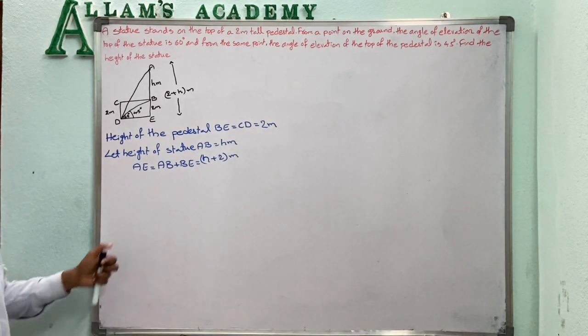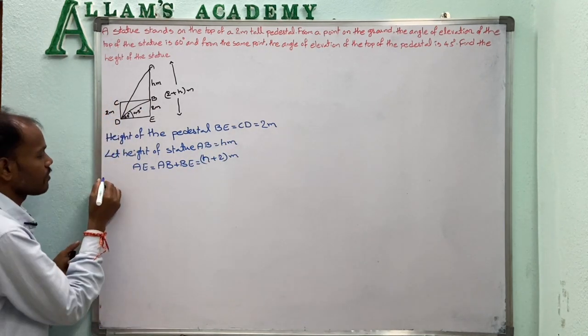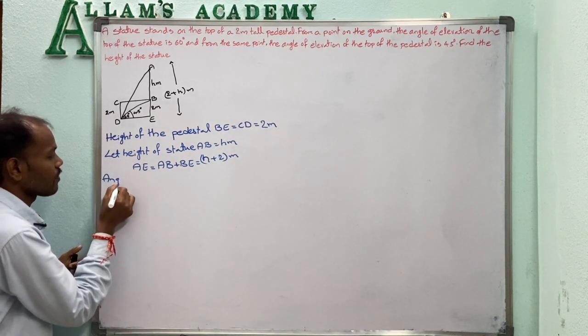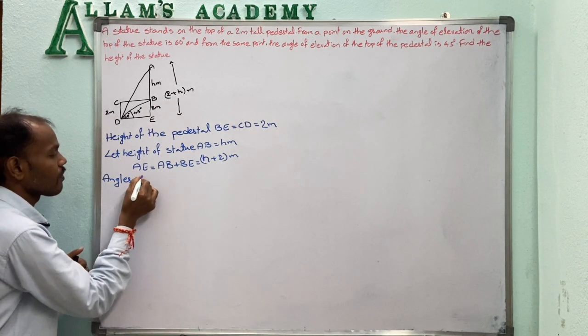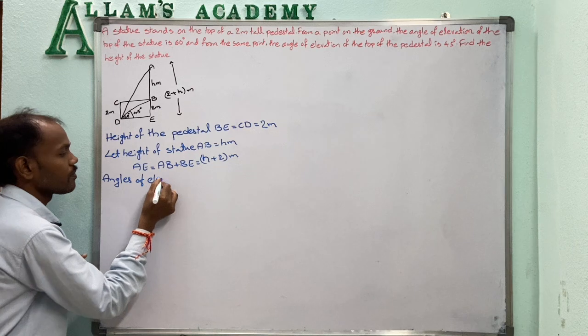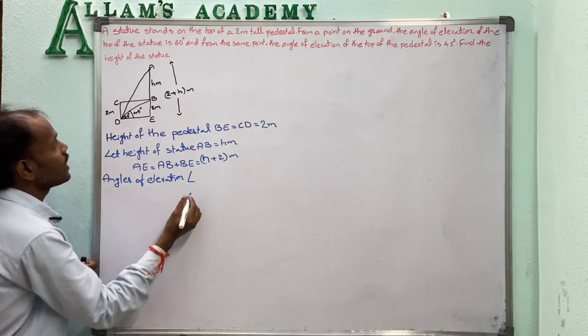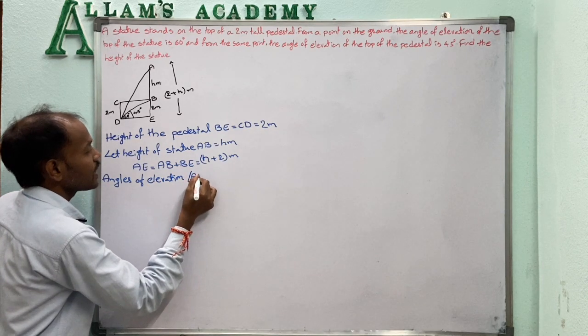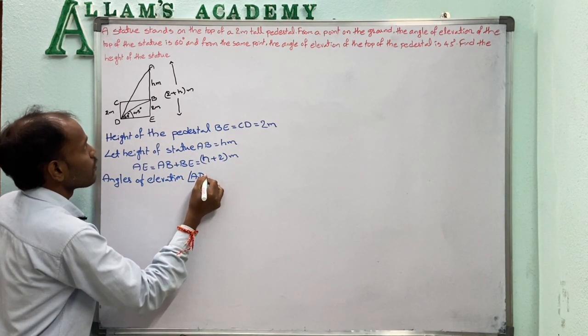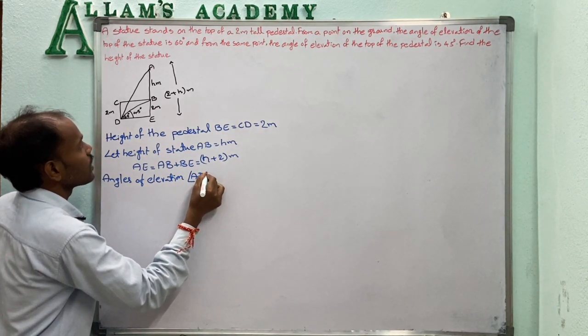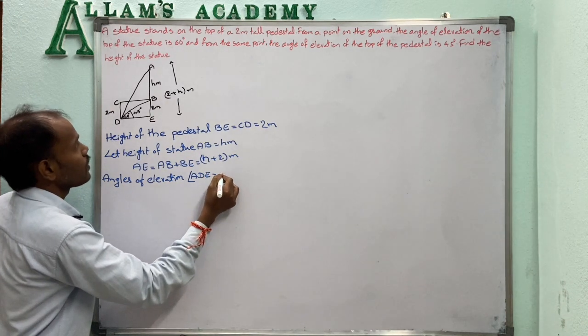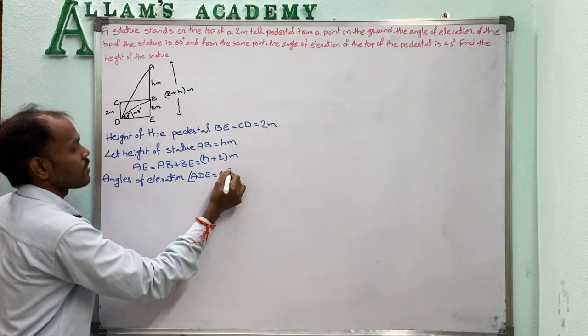Next, angles of elevation. Angle ADE equal to 60 degrees.